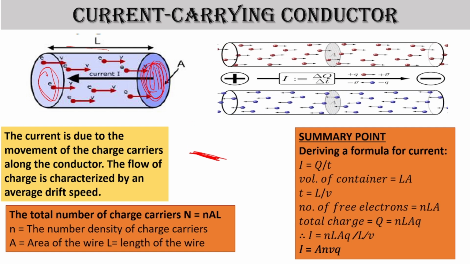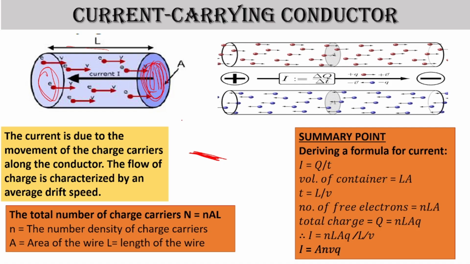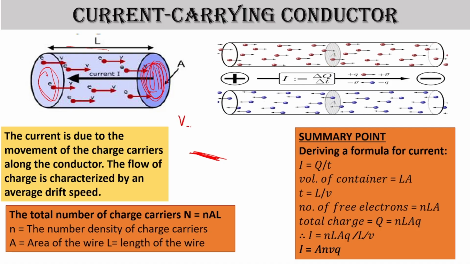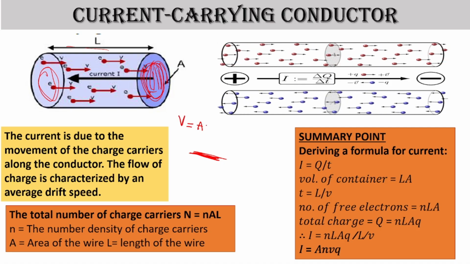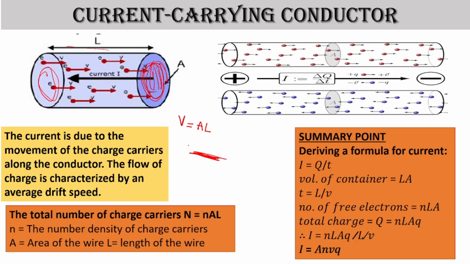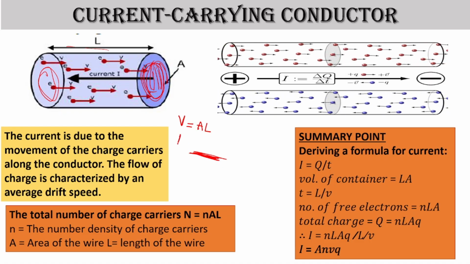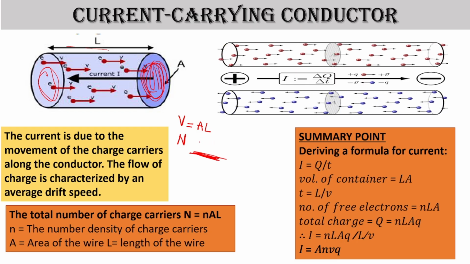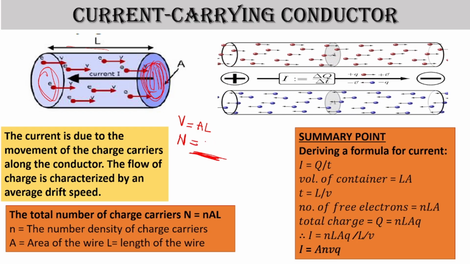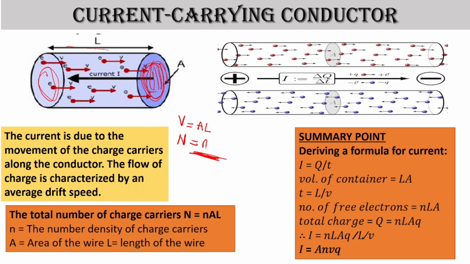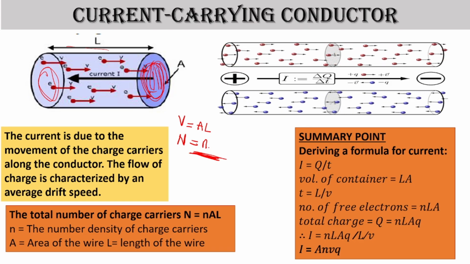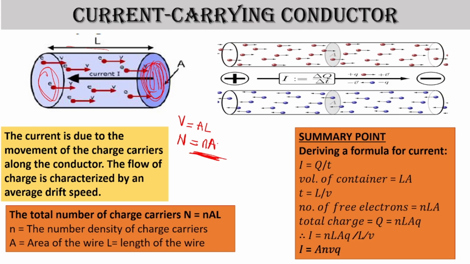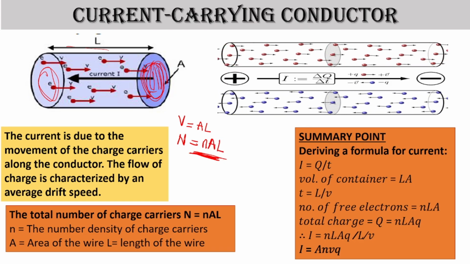For this area and length, you will agree with me that volume is equal to area times length. If that is the case, the number of electrons in it is going to be the density of electron charge times area times length. Can you see?